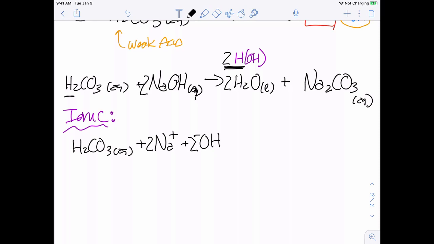Again, please don't write diatomic sodium or diatomic hydroxide ions. The 2 stays in front. I'm going to have 2 water molecules. Keep that together. It's a non-electrolyte. And then Na2, I have 2 sodium, so the 2 comes in front. And then I've run out of room, so we'll stick it down here. I have 1 carbonate. Again, it's not Na2, it's 2 Na pluses. So be careful, I have 2 sodium ions.